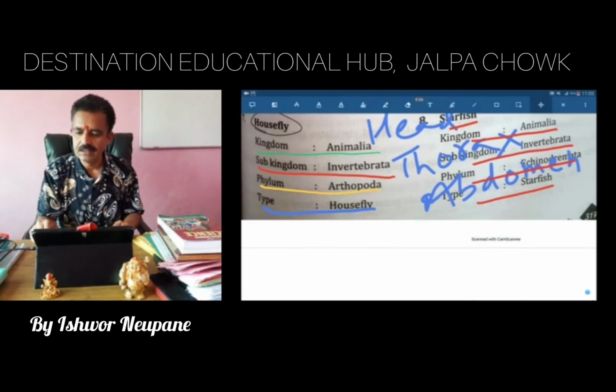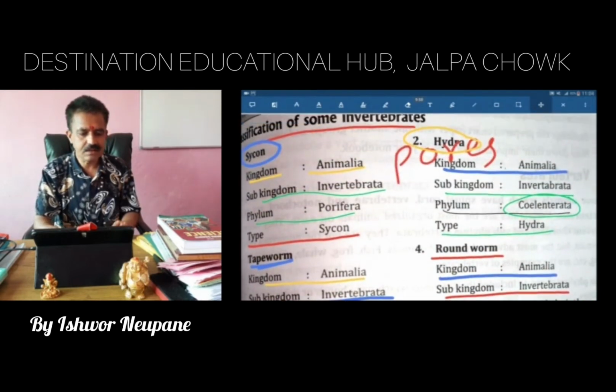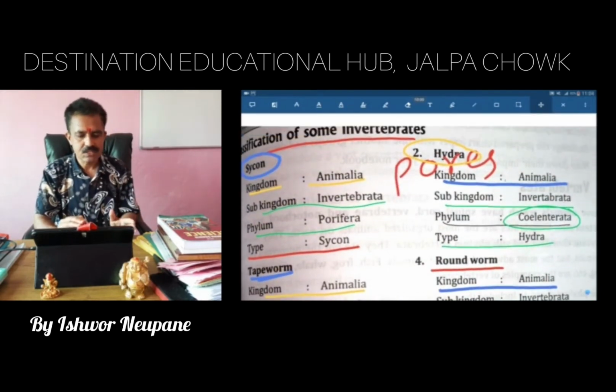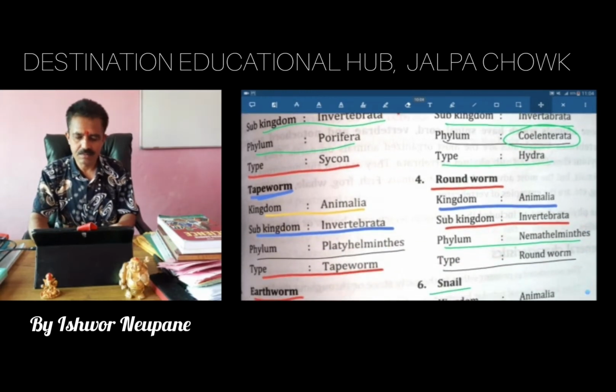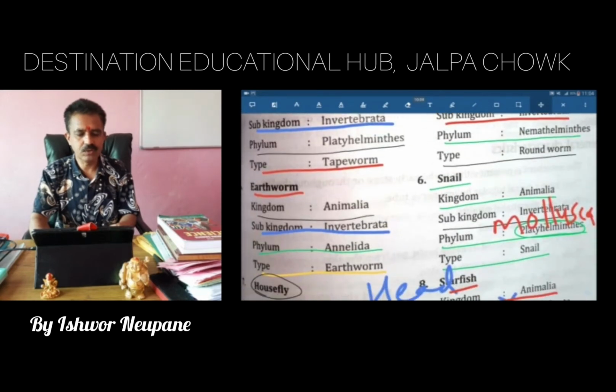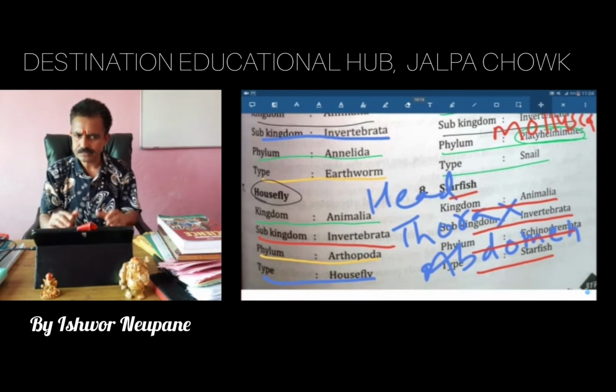Okay. So what did we discuss? We discussed the classification of cycon, hydra, tapeworm, roundworm, earthworm, snail, housefly, and starfish.